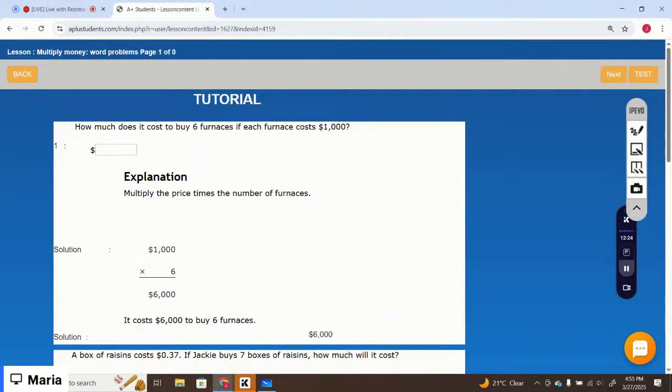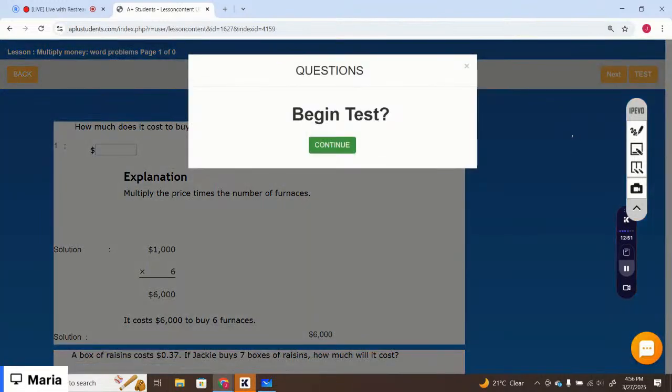So the cost of one furnace is 1,000. So then the six furnaces count as 1,000 times six. That is $6,000. Let's just start with the test questions.